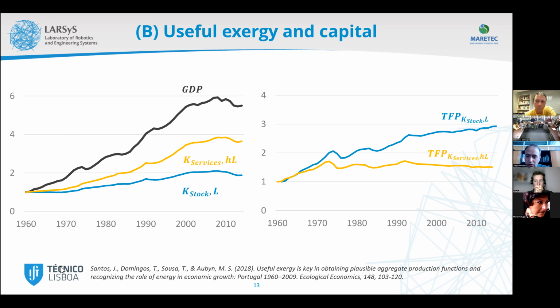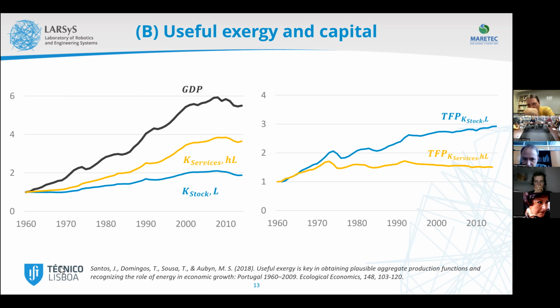Let's see what this means in terms of total factor productivity. And now we go to the yellow line, and the story becomes very close to Robert Gordon's concerns about the American economy. What you see here is that once you take into account that part of economic growth is because you shift from buildings to machines, and a significant part is because you shift from less skilled labor to more skilled labor, once you correct for that and you get the yellow line, what you see is that total factor productivity, in fact, only increased until the mid-1970s.